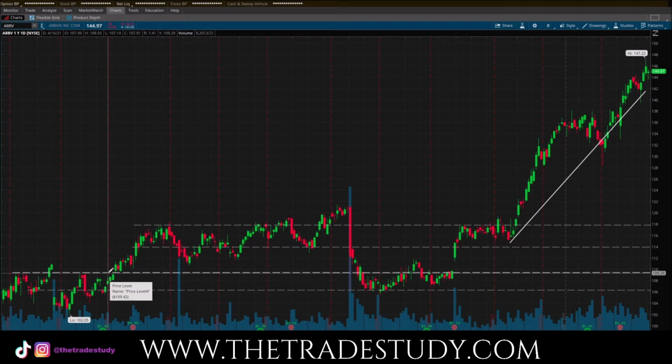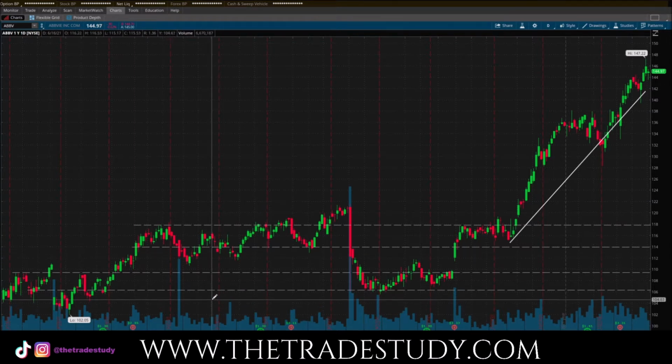And so your next question is probably, well, what exactly is resistance, right? Well, resistance is the price level where a stock does not gain above in a period of time. So think of it this way.